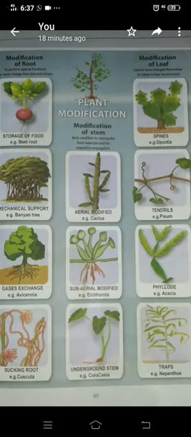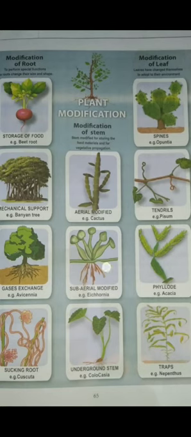So one more time, today we saw plant modifications: storing food, mechanical support, gas exchange, sucking roots, aerial modified, subaerial modified. Aerial means standing straight in the air, subaerial means near the ground, and underground means down in the soil, present inside.